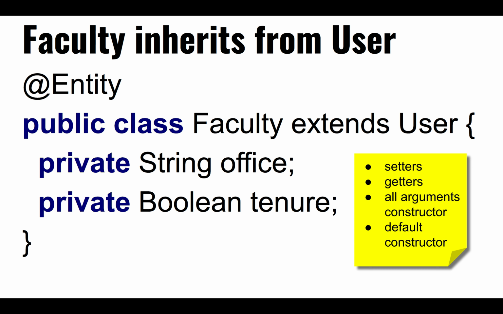It had ID and declared it as an ID, and it was a generated value and whatnot. But here, faculty, because it's inheriting from user, it would be redundant to also declare an ID here, especially depending on some of the strategies by which we can implement this.